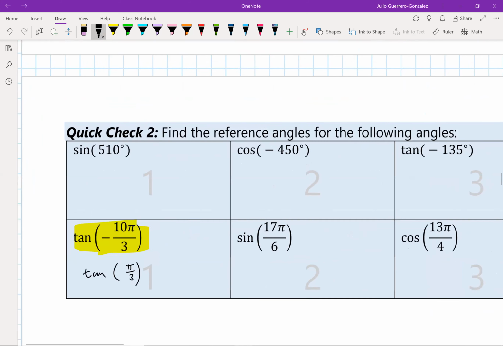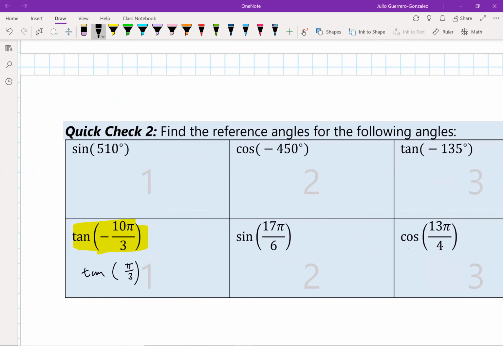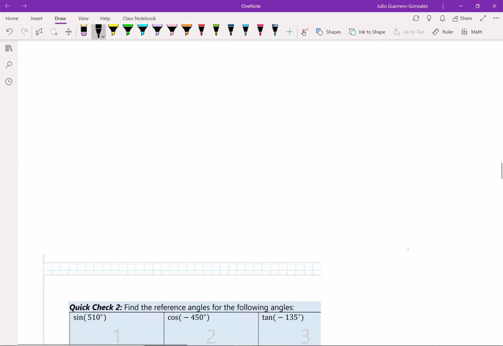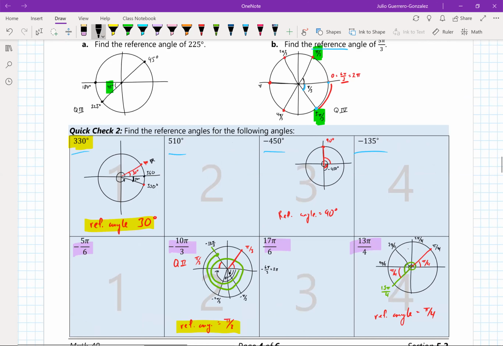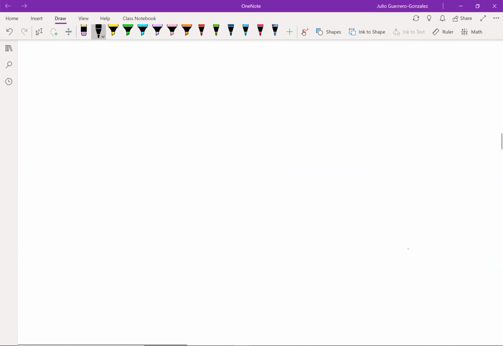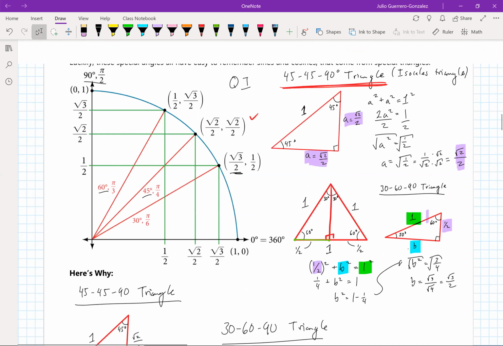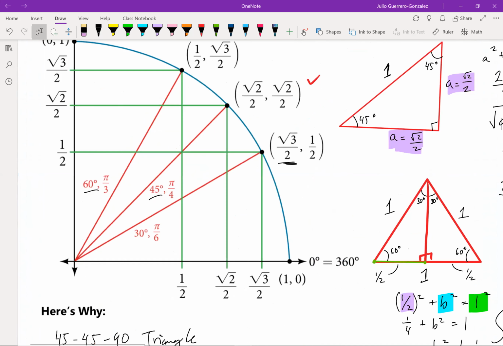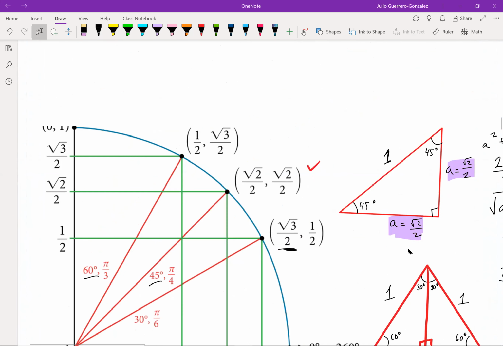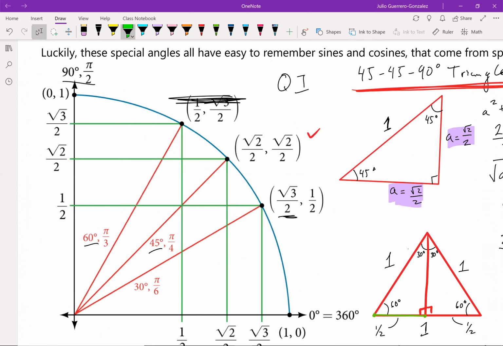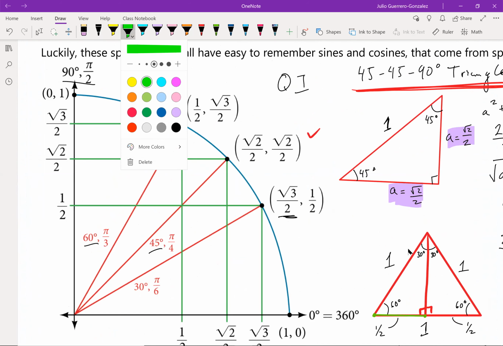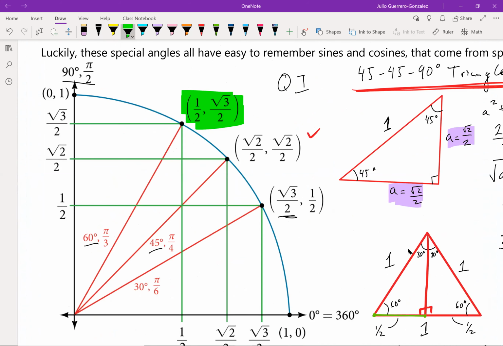Now, for tangent of pi over 3, we're going to go back up here to our triangles, and we need this set of values for pi over 3.